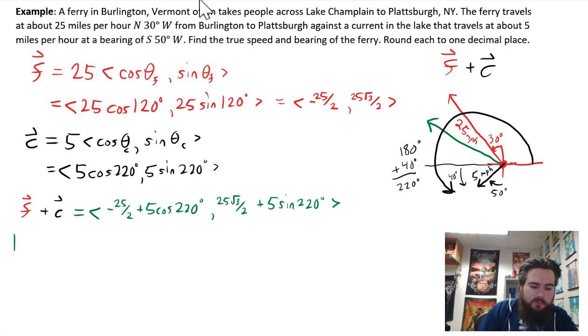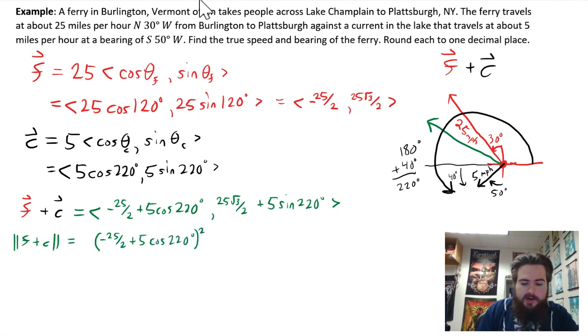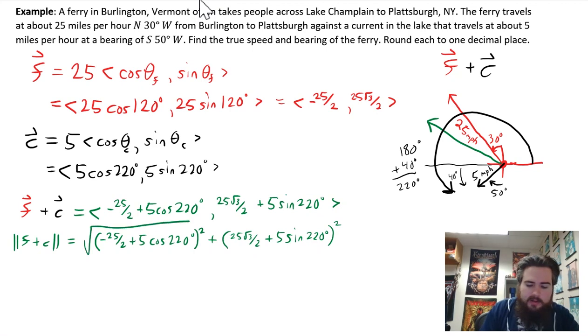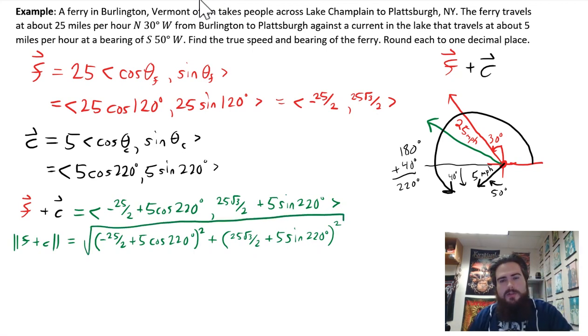It's not going to be the prettiest thing in the world, but the magnitude of f plus c, using the Pythagorean theorem, would be the square root of negative 25 over 2 plus 5 cosine of 220 degrees, squared, plus 25 square root of 3 over 2 plus 5 sine of 220 degrees, also squared. That should all be under a square root. And that would allow us to evaluate and approximate the true speed.